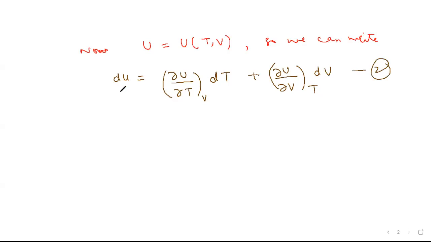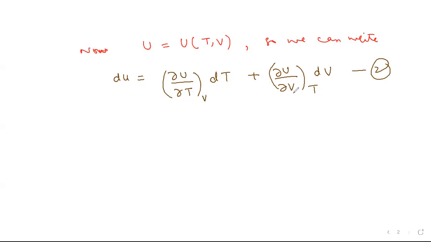It is simply the differential change in internal energy written as this sum. What is dou u by dou T at constant V? It is the partial derivative of internal energy with respect to temperature, keeping volume constant. dT is the small change in temperature.